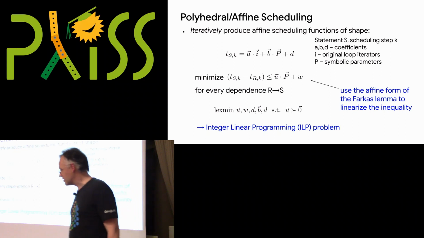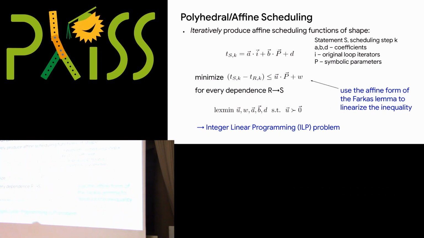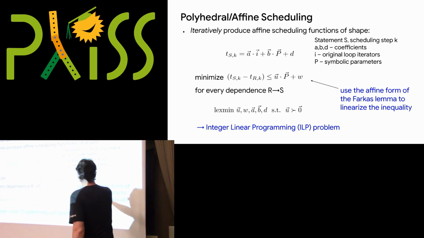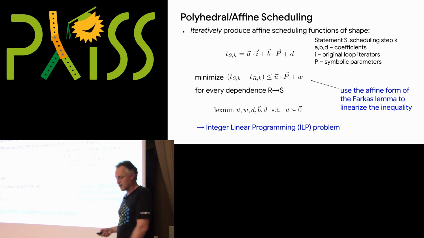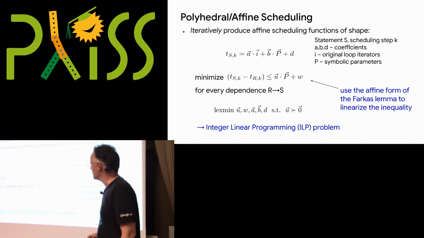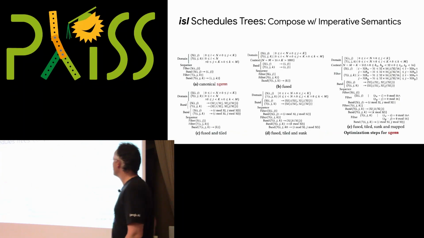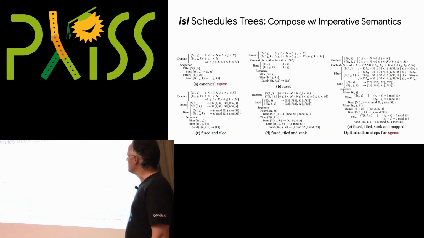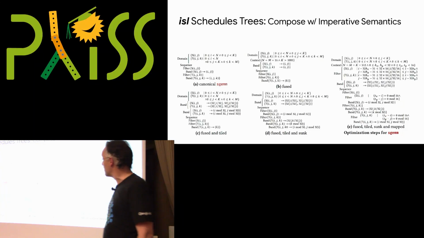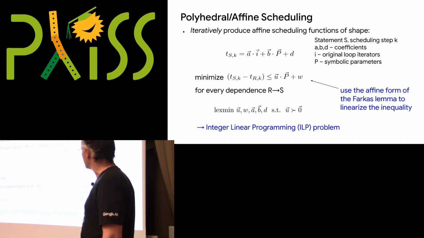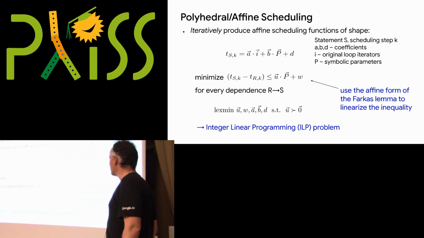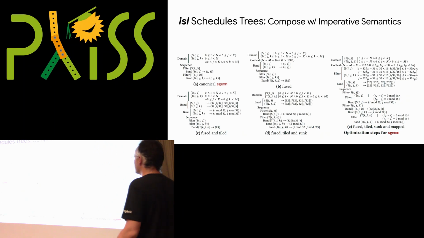And you can actually optimize the locality and tiling and all kinds of things by converting this problem through this lemma and then applying linear objective functions on it. So I'm skipping that. There are ways to go a bit further than that. Essentially, you can not only model iteration domains and schedules using affine functions, but you can also combine them with more imperative, more familiar syntax or inductive semantics.